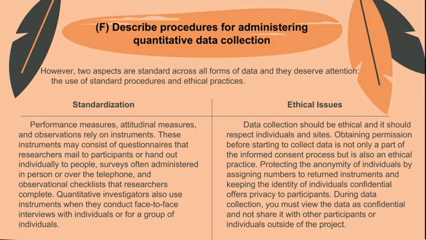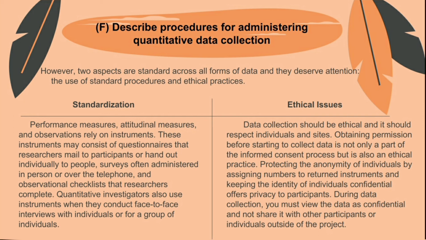The last topic is describe procedures for administering quantitative data collection. However, two aspects are standard across all forms of data and they deserve attention: the use of standard procedures and ethical practice.